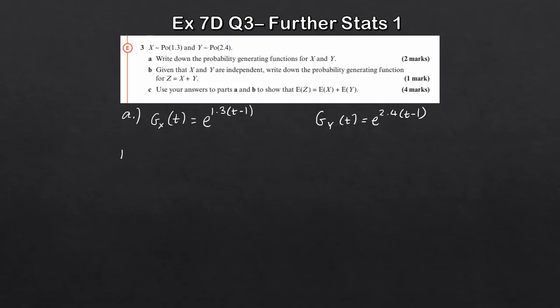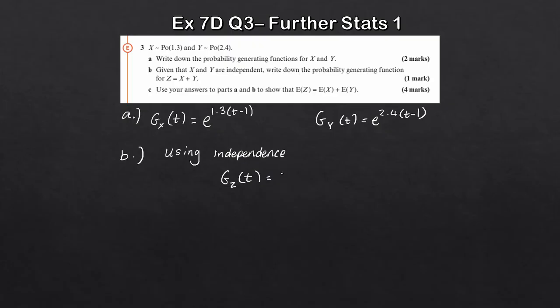Now part B, for 1 mark, just asks us to write down the probability generating function for z equals x plus y. So for this, we're using independence, and we're told that they are independent, so what we can do is write this as a product. So the probability generating function of z can be written as the probability generating function of x times the probability generating function of y.